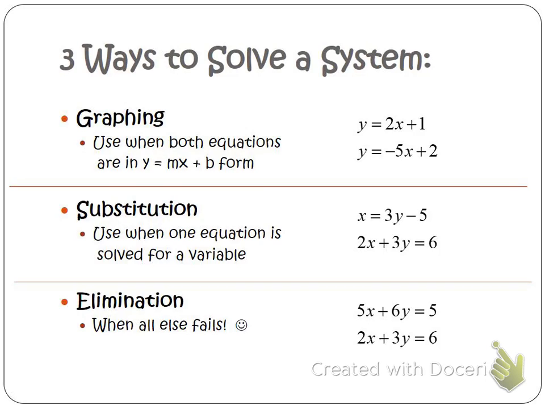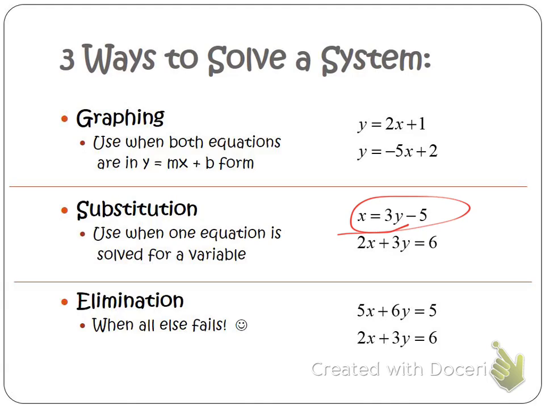So if graphing is not the best, then we've got two other methods, substitution and elimination. And there are some people who think that substitution is always easier to do. There are some that think elimination is always easier to do. I myself like elimination, and I'm going to try to do elimination anytime I can. I do agree with this in that you want to use substitution if one of your equations has already had a variable solved for it, like here, x equals 3y minus 5.